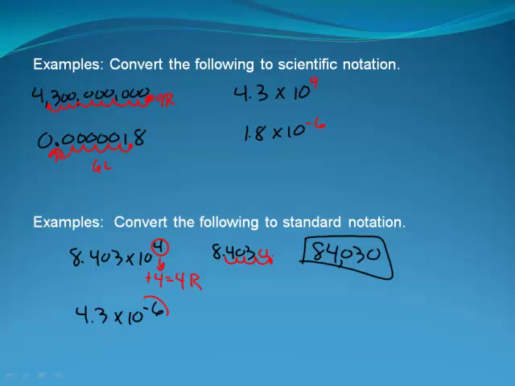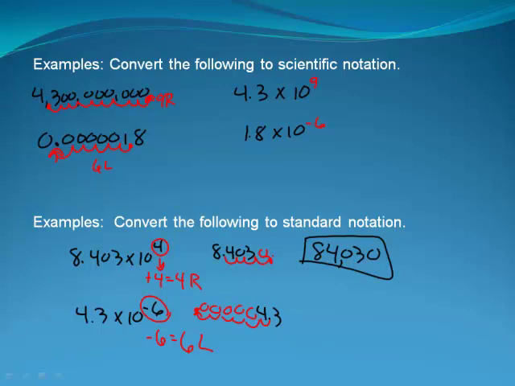Look at that exponent. Negative 6 in terms of decimal movement means we're going to go 6 left. Negative means left. So take the original problem, put in zeros as needed. To move 6 to the left, we're going to move 1 to get in front of the 4, 2, 3, 4, 5, and 6.